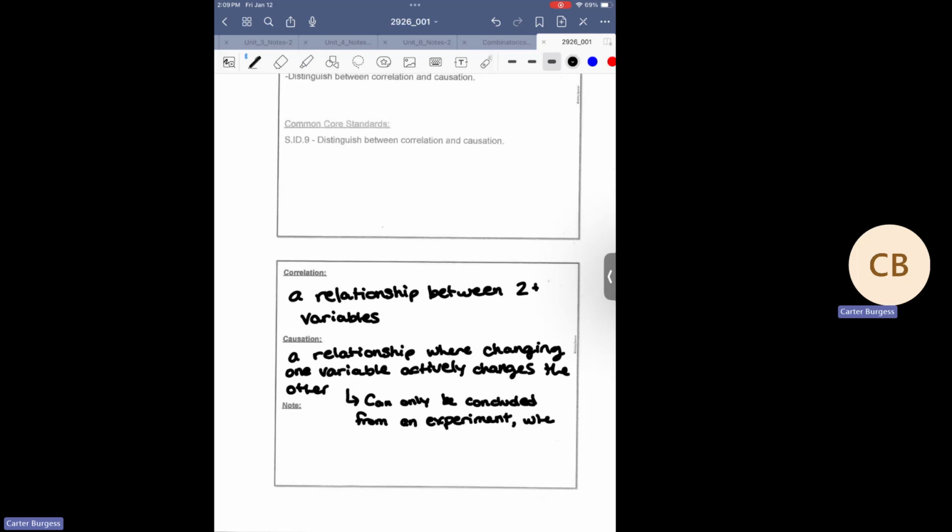So where one independent variable is tested and all others are held constant. This is a high bar. This is actually like a very high bar, and it's very, very difficult.